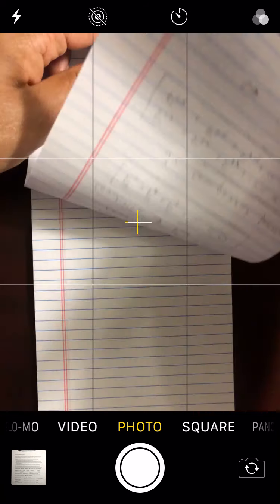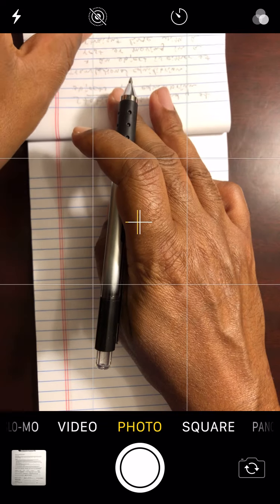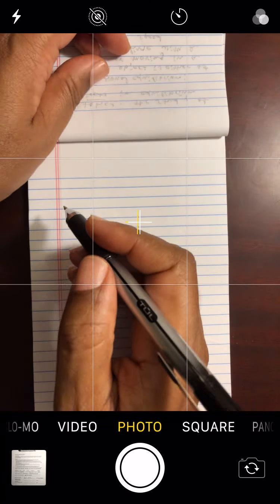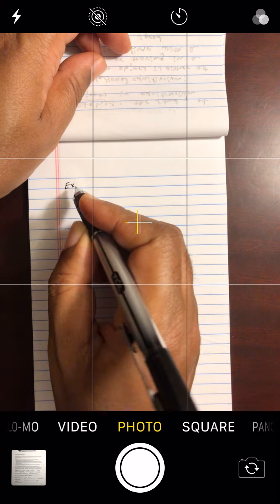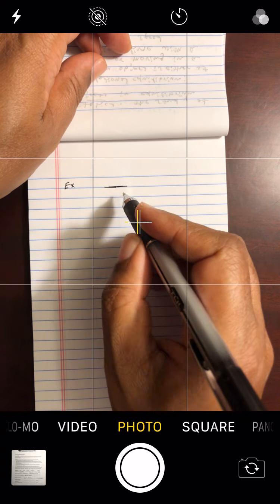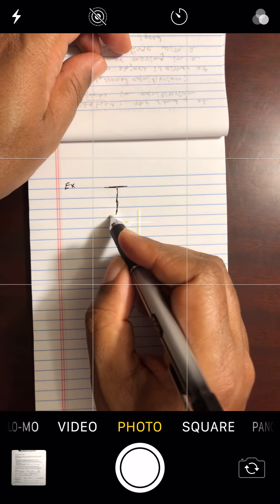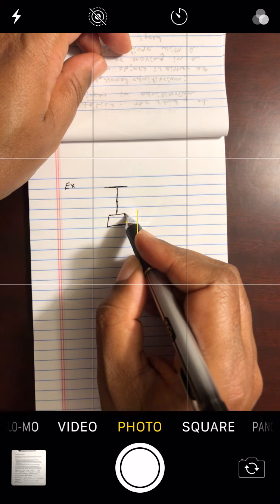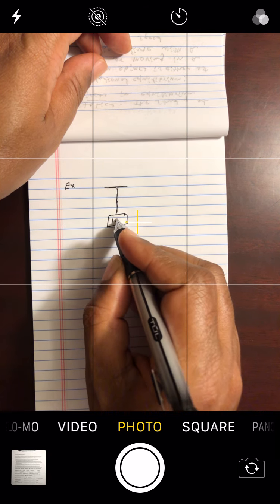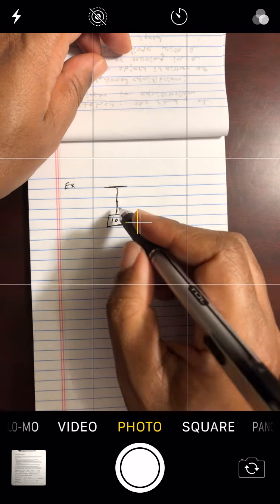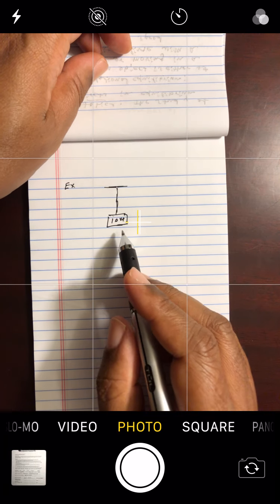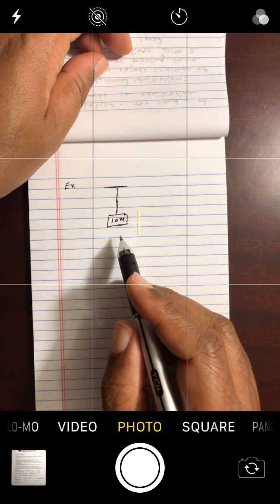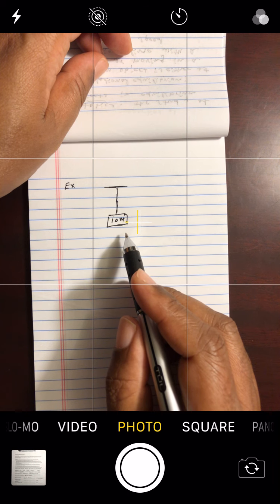Example. Suppose you have this object hanging by means of a string. Let's say this is a 10 kilogram object. This object is obviously at rest, so the net force acting on it should be 0.